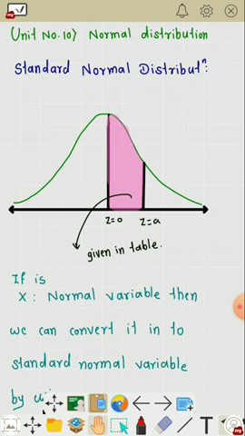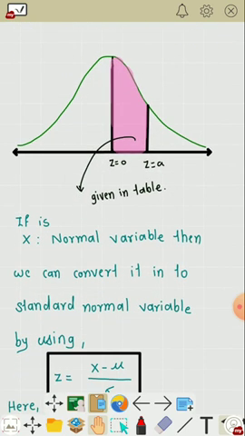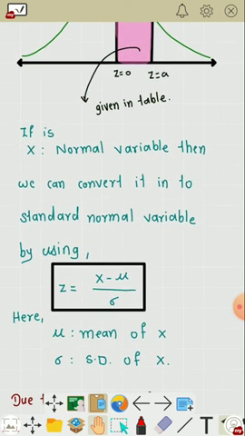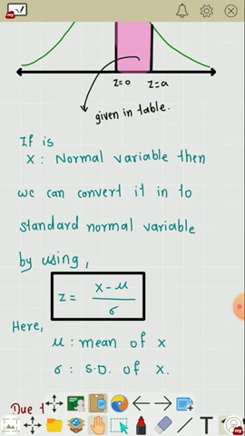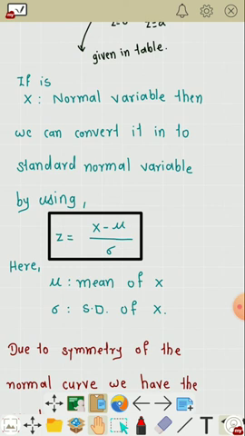And if x is a normal variable, then we can convert it into standard normal variable by using the transformation z is equal to x minus mu upon sigma. It is not 6, it is a sigma. By using this transformation we can convert our normal variable into standard normal variable. Here mu is the mean of normal variable x and sigma is standard deviation of normal variable x.